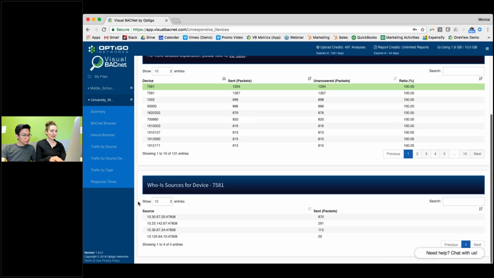And for these guys, four different people are talking to it, which makes me think that it's an actual device and not just a phantom device. So typically one of two things happens with an unresponsive device. Either a device is configured to talk to someone that no longer exists, so we call that a phantom device, and everyone's spamming the network trying to say, hey, I want to talk to this guy.